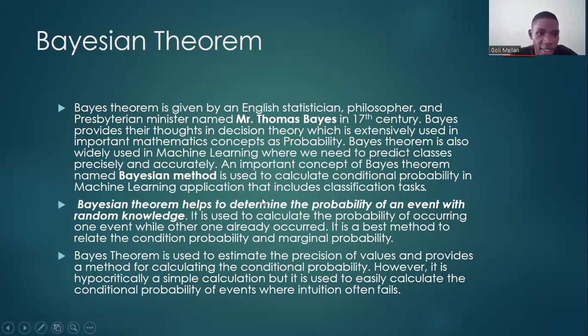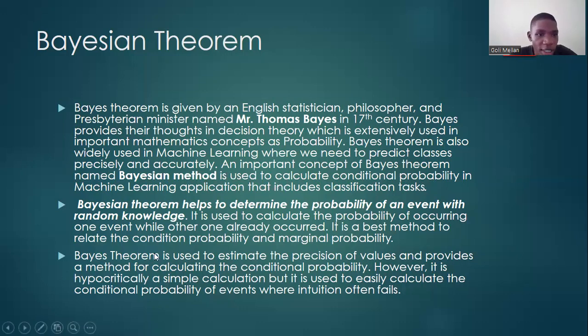The Bayes method, or Bayesian theorem, is used to calculate conditional probability. Even in these predictions, we deal with a number of probabilities, that maybe this will happen or this will not happen. These are conditional probabilities.